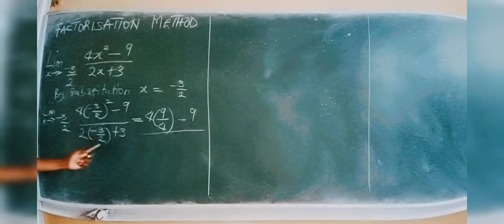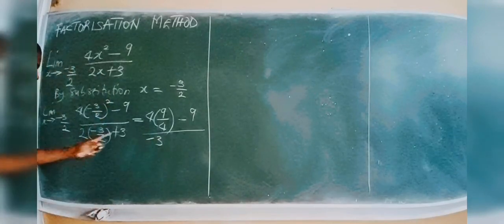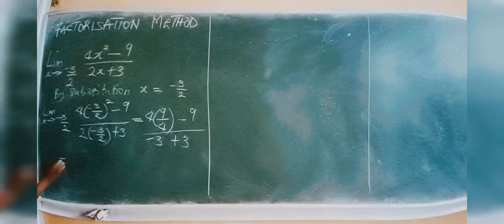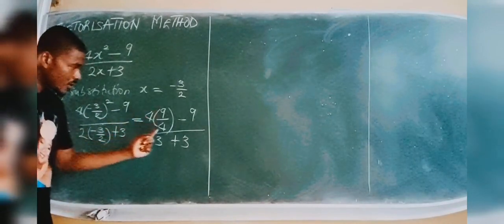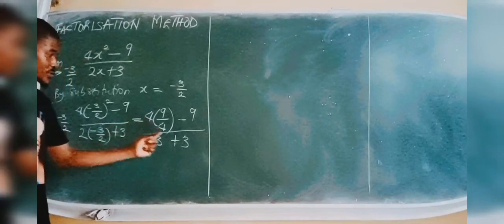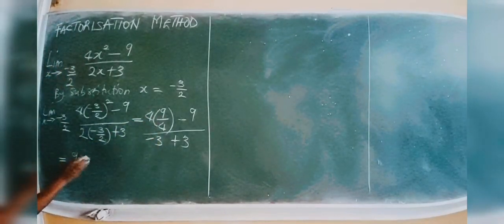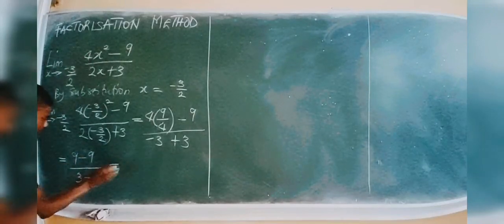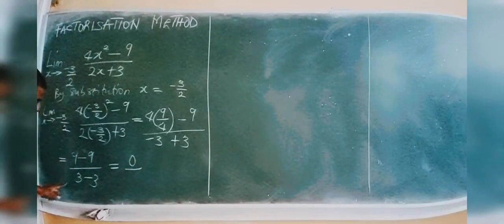The 2 cancels 2, so I'm left with minus 3, plus 3. Now 4 into 9 over 4: the 4 cancels 4, and I'm left with 9. It becomes 9 minus 9 all over 3 minus 3, and 9 minus 9 is 0, all over 3 minus 3 is 0.